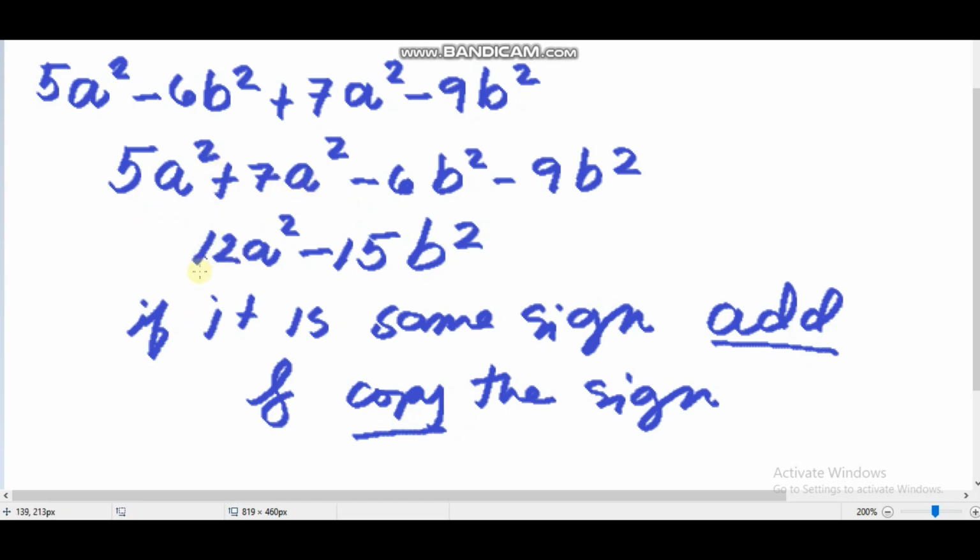The sign is positive, so we copy positive. You can put positive or not, since it is at the front. Now, in this case, same sign, which is negative, so we simply add 6 and 9, and that is 15. And then we copy the sign negative. Okay, so that's how you answer this one, and a little review of your algebra.